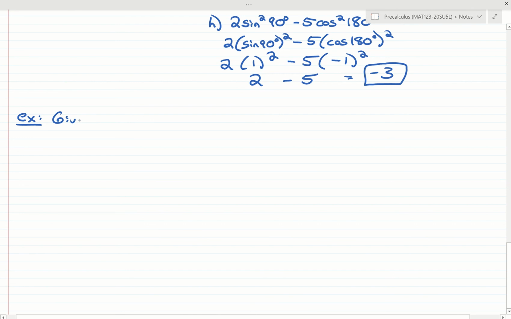So given the following, use the reciprocal identities to answer.